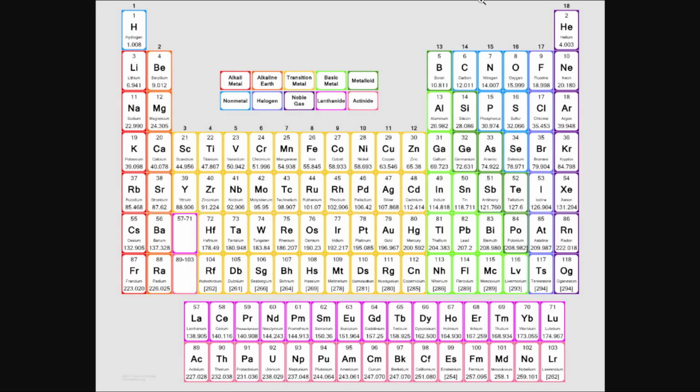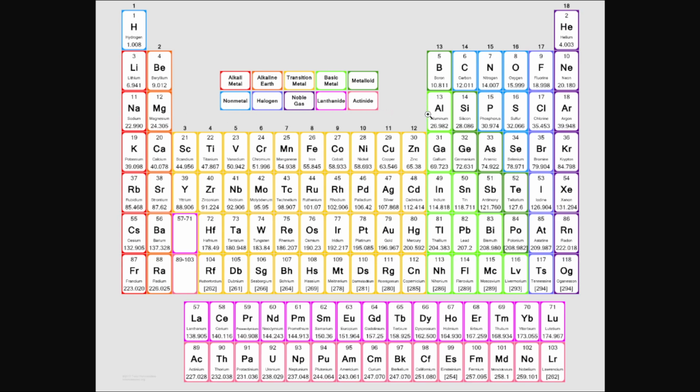pass through 2 boxes. So it's 1s2. These 2 are 2s. There's 2 boxes. It's 2s2. Go across the table, 5 through 10 here. That's the 2p orbital, and there are 6 elements, so I write 2p6. Next row, you follow down here. 3s, there are 2 electrons, 2 boxes.